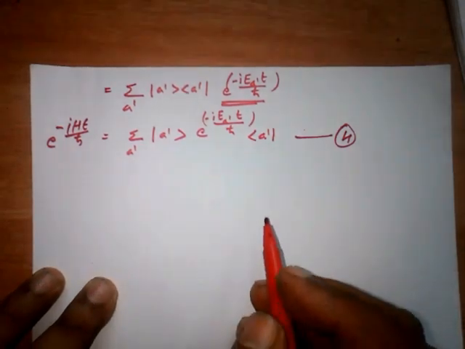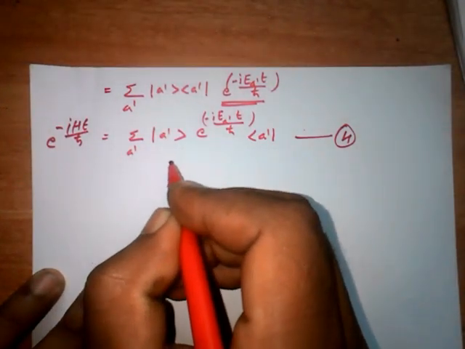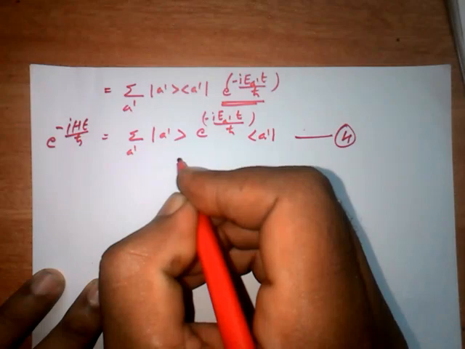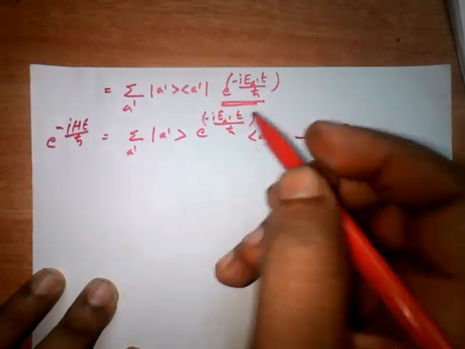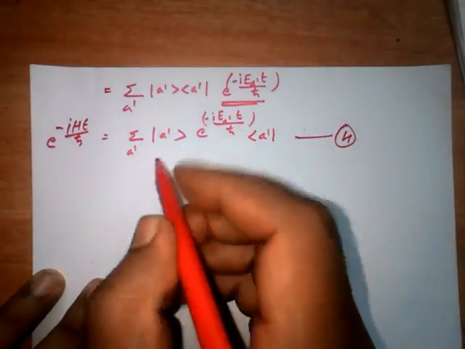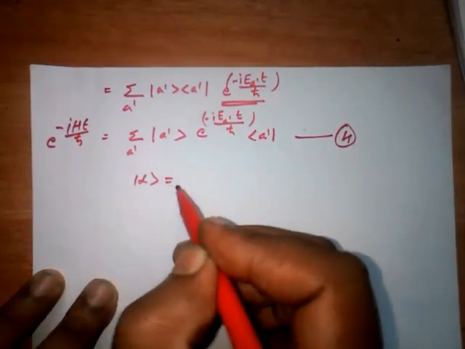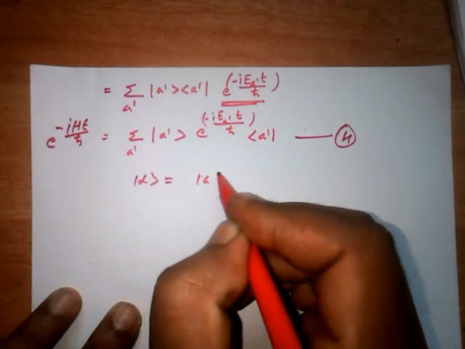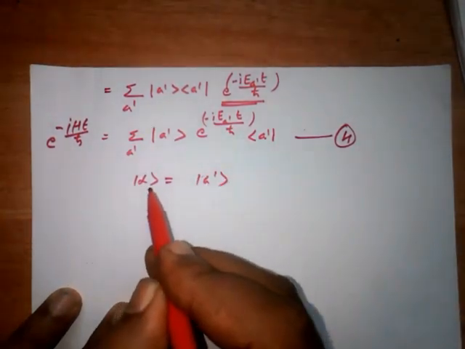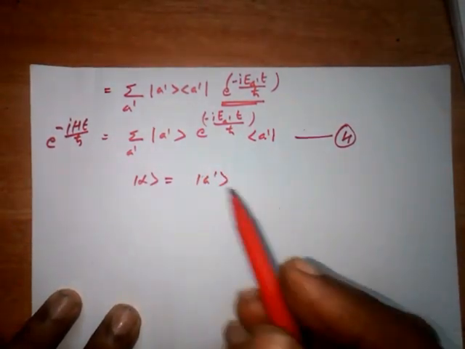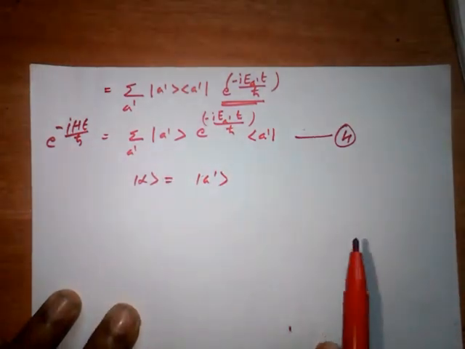This equation enables us to solve any initial value problem once the expansion has happened. If this is the alpha state and we can expand it in terms of base kets, and once the expansion has happened, then using this operator we can solve this kind of problem.